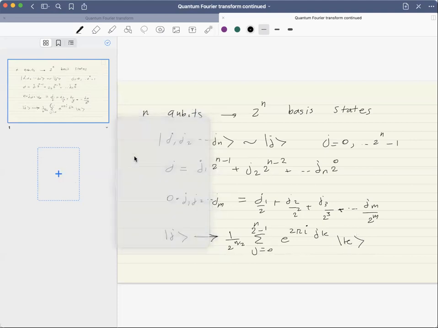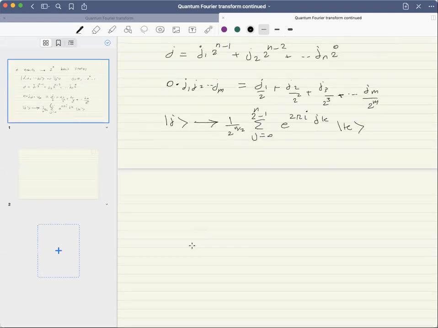Last time we showed that it can be written essentially as a tensor product. So we're saying, let's say J that has this representation, J1, J2, Jn, is transformed under the Fourier transform to this particular tensor product of states.